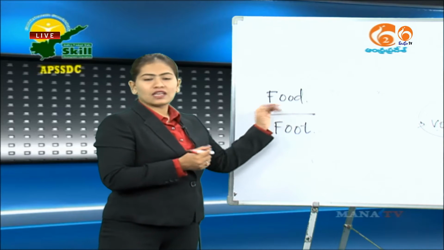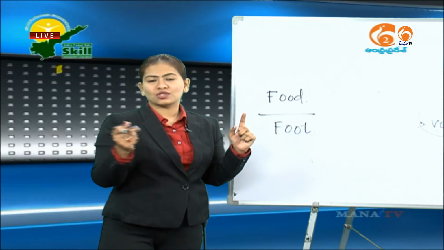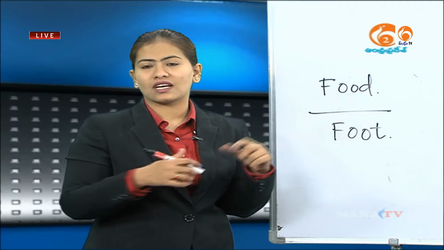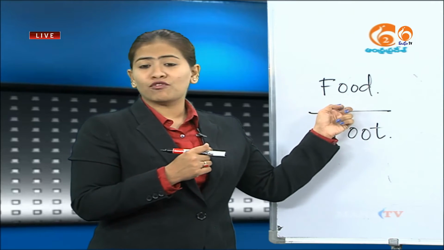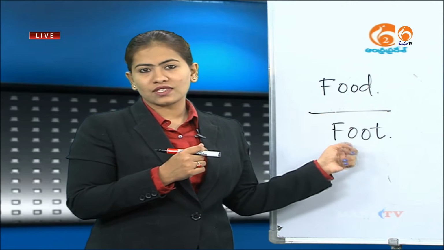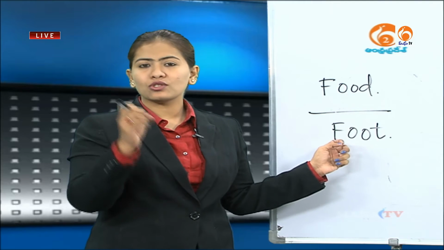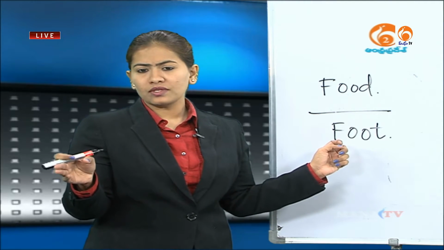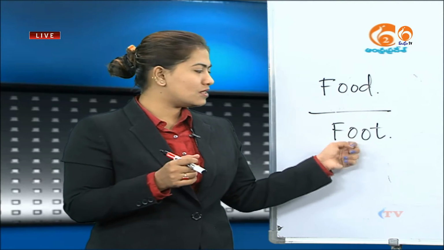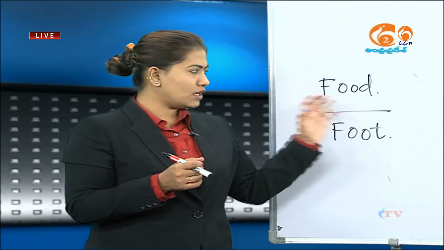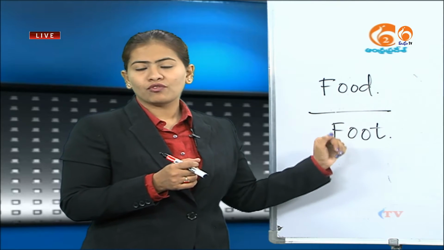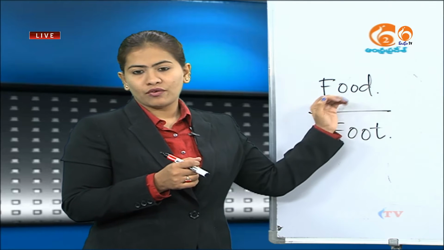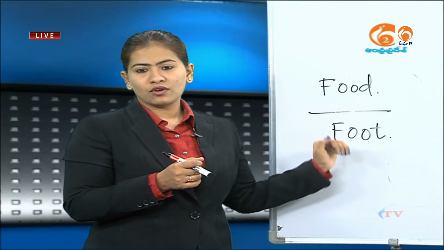This word takes the long vowel sound, which is your oo sound, like we've just discussed. So this is food, and then the second word is foot, which is the short sound. The short oo sound is this particular word. So once again it's food, foot, food, foot.